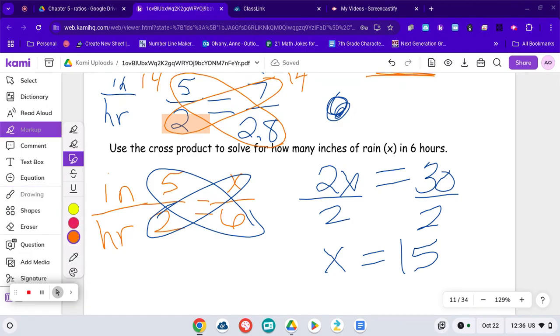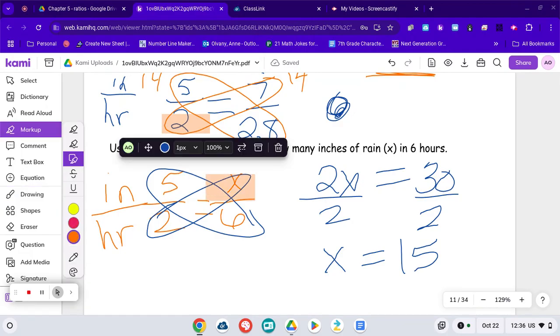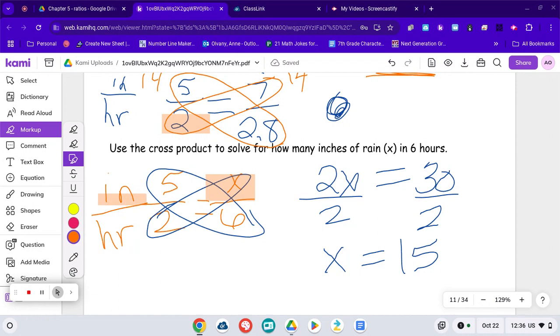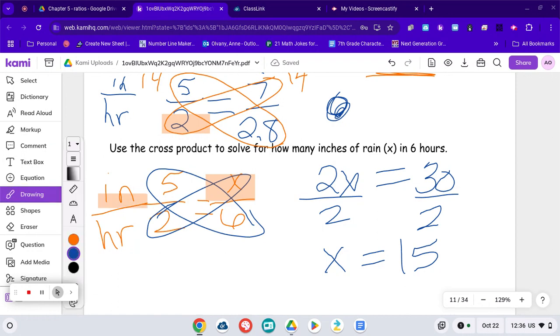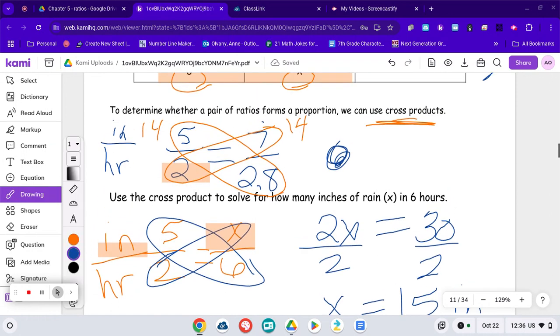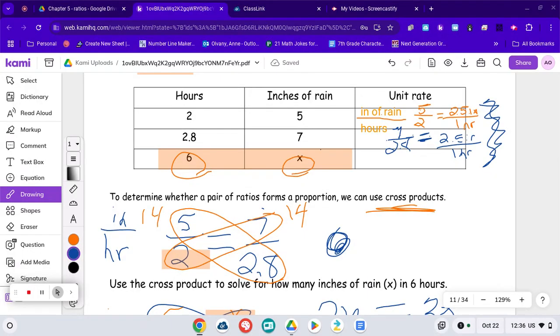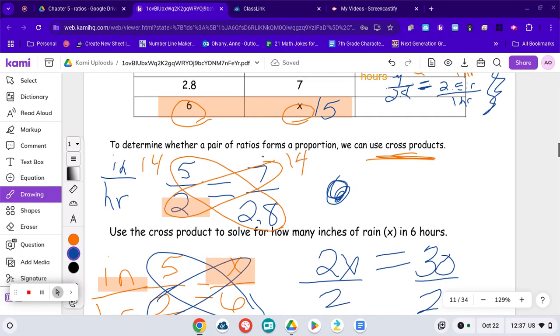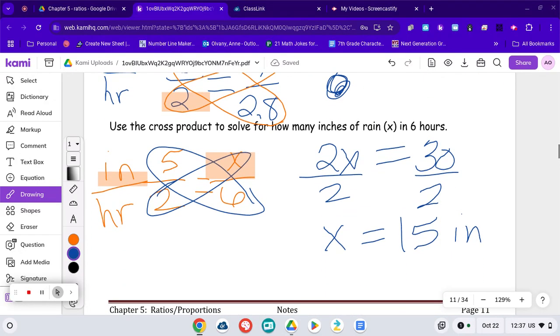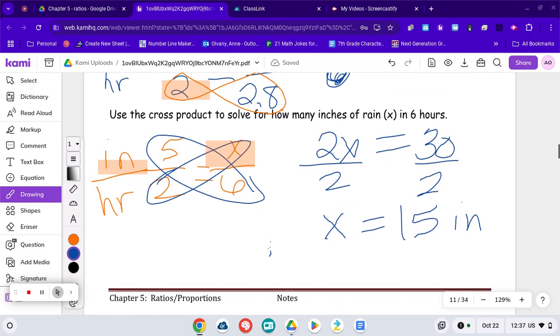Where was your x? It was in the numerator, which is inches. So this is 15 inches. So that's how I could determine that 15 would go in that spot on the table. So it's a lot of different things happening, proving the same thing, but also proving to you that this method of cross multiplying to solve for an unknown works.